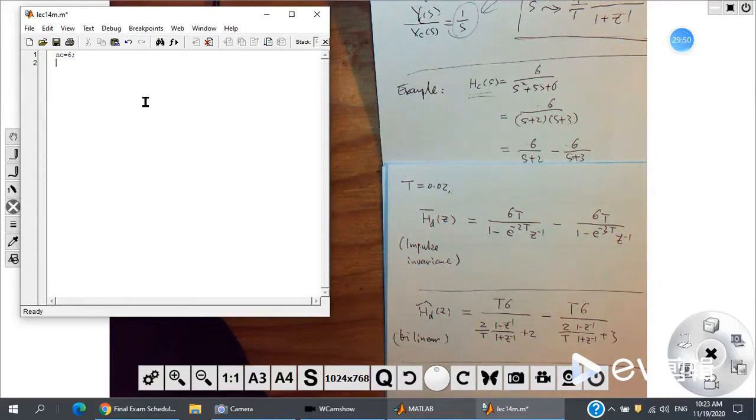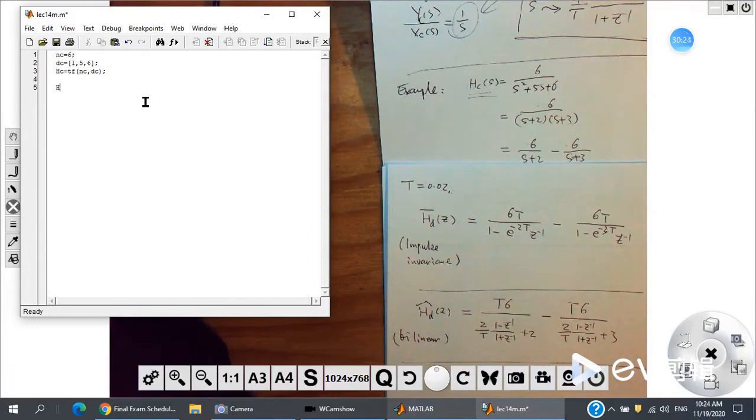And the denominator for the continuous one is 1, 5, 6. Then we have HC, the transfer function with numerator C and denominator C. So this will give us the continuous time filter.